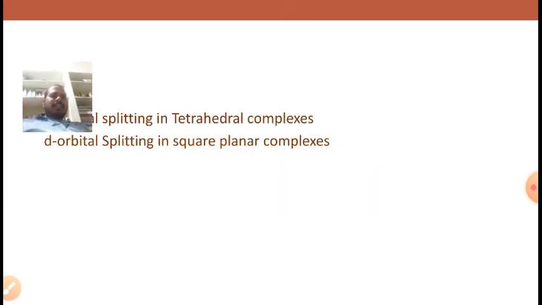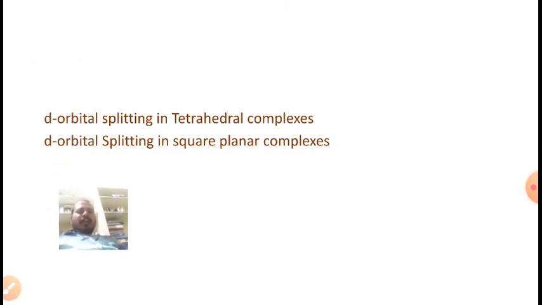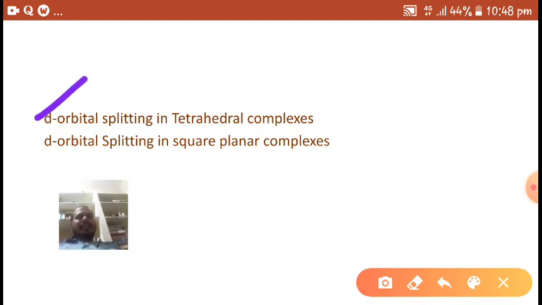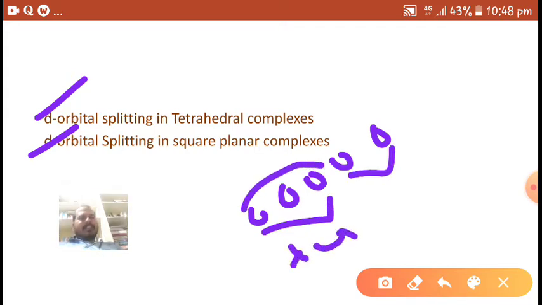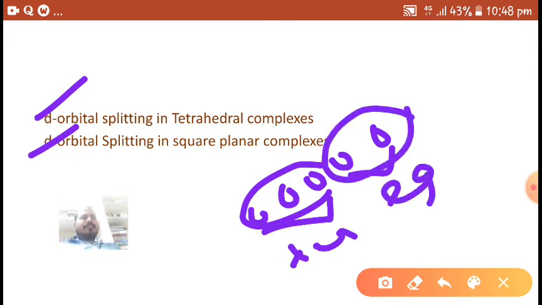So in this video lecture, I will try to explain d orbital splitting in tetrahedral complexes, and another one is d orbital splitting in square planar complexes. Again, we should know that there are 5 d orbitals, and these 5 d orbitals are of 2 types: those which lie between the axes are T2g, and those which lie along the axes are Eg.